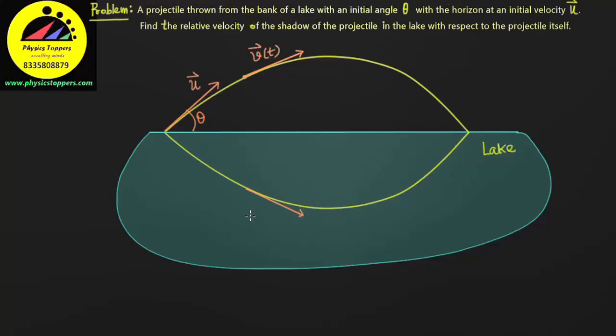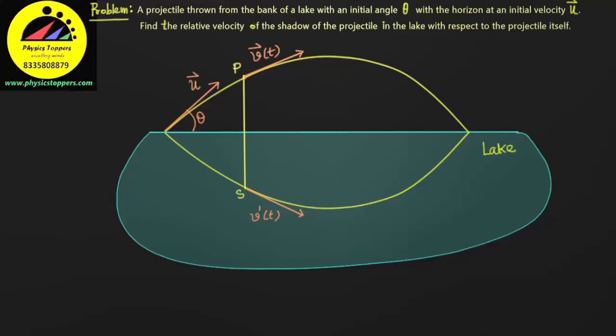Let me mention it as V prime t, and let me drop a slight perpendicular to this so that you can identify the position. So this is the position, right? Okay. Now the point is, if I want to find the relative velocity of this shadow, so this is the shadow and this is the projectile. With respect to the projectile itself, I need to add a vector field to stop the projectile.